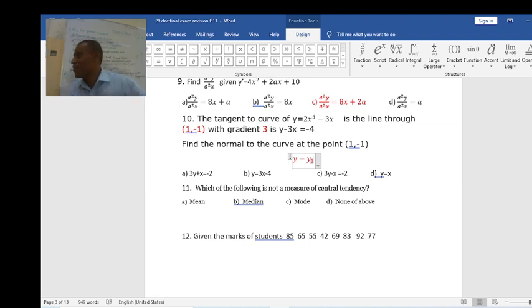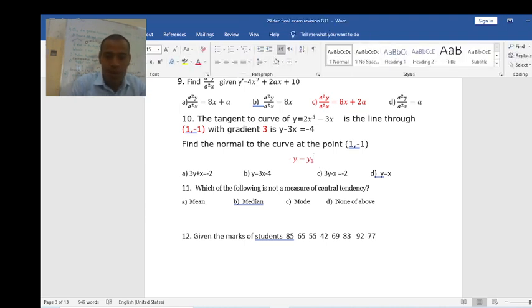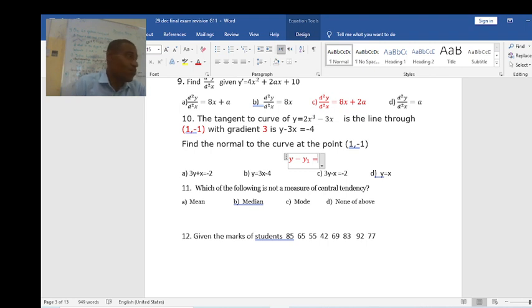I'm recording for the revision. So we continue, equal what? This is what I'm doing, my learners, your revision for the final exam.